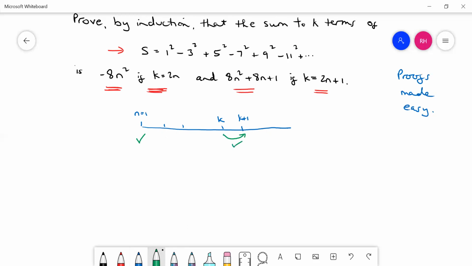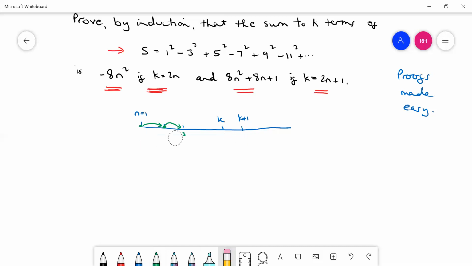And once we prove that, we're essentially done, because if it's true for k, it's also true for k plus 1, then we can go back here and say, well, it's true for n equals 1, so it must be true for n equals 2 because of this rule. And if it's true for n equals 2, it must also be true for n equals 3, et cetera, et cetera.